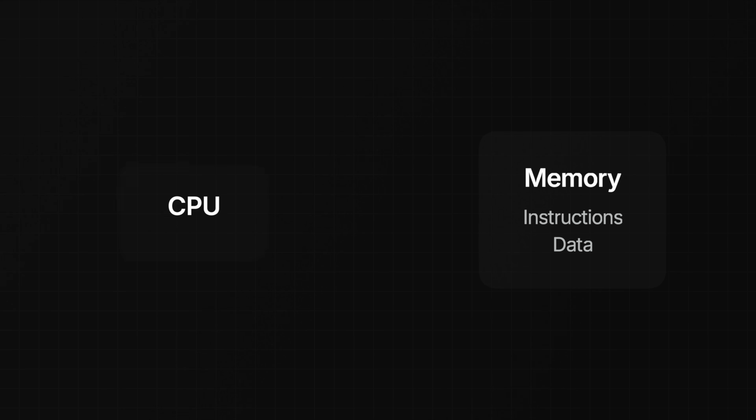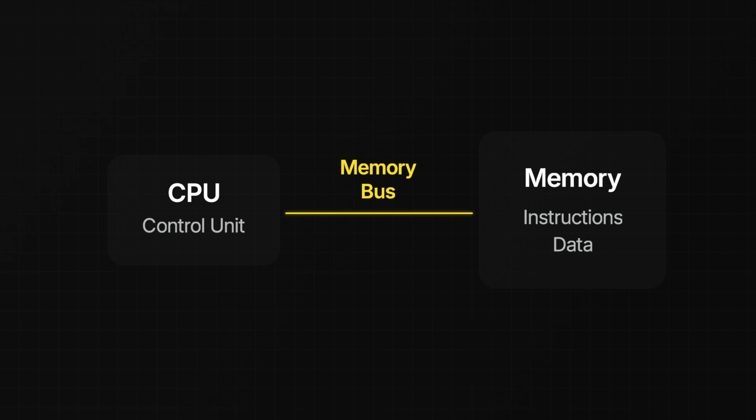The processing unit has a control unit which orchestrates the execution and fetching of instructions and data. They are connected with a single memory bus. Because of this, instruction fetch and data operations cannot occur at the same time. This is known as the von Neumann bottleneck.